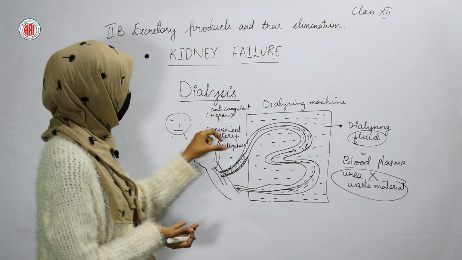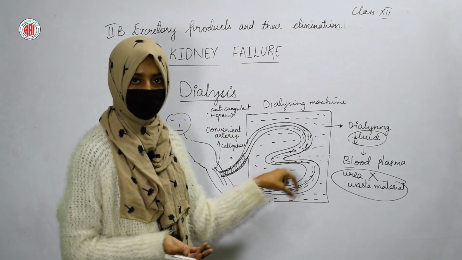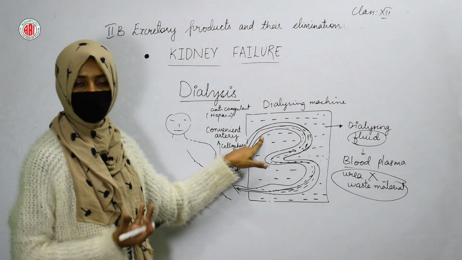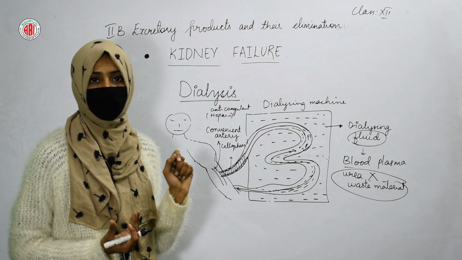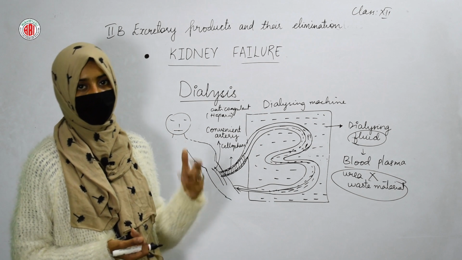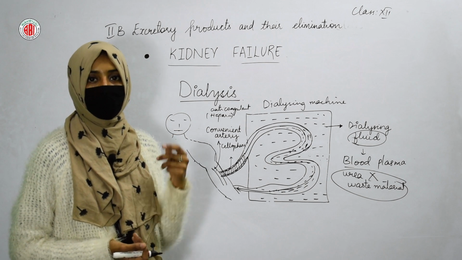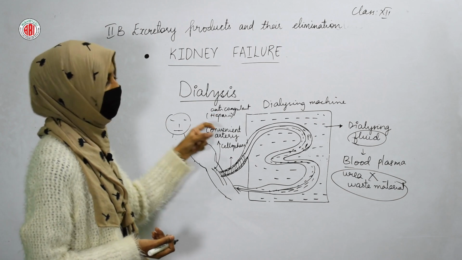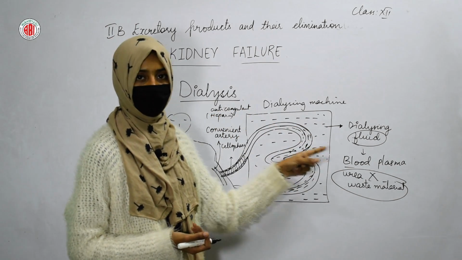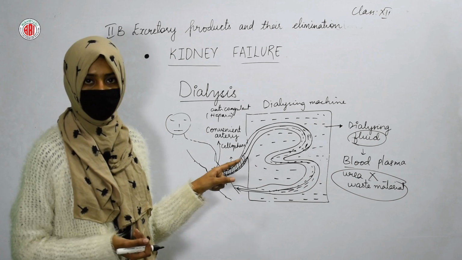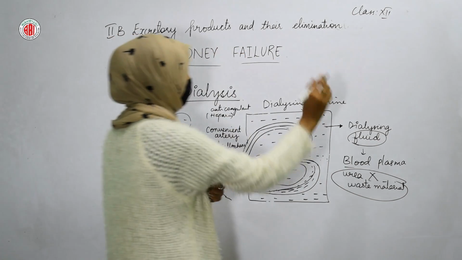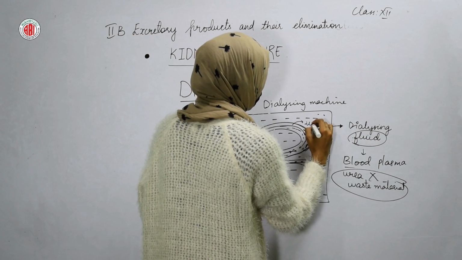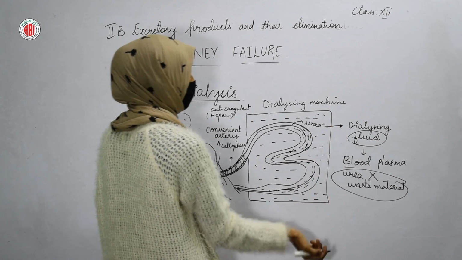Now when the blood runs through this tube, the cellophane tube is permeable to waste materials like urea, and the potassium ions and hydrogen ions can easily move into the dialysing fluid through the membrane of the cellophane tube. So the urea which is present in the blood can come out into the dialysing fluid.